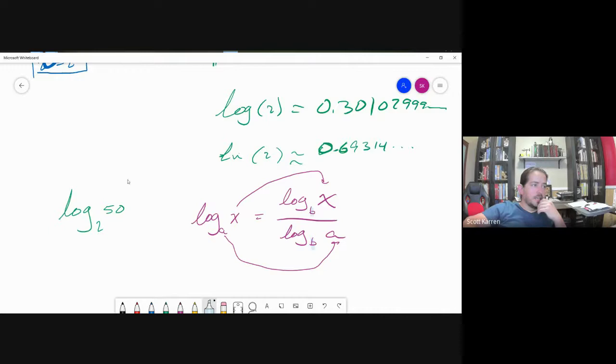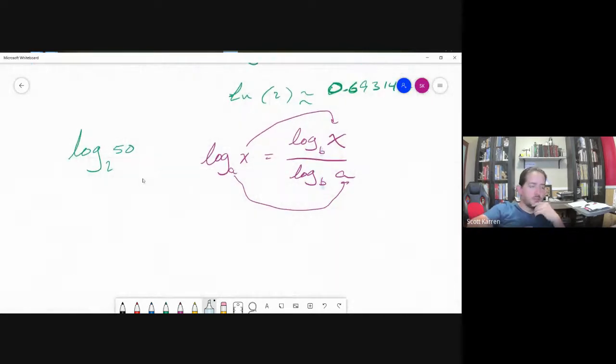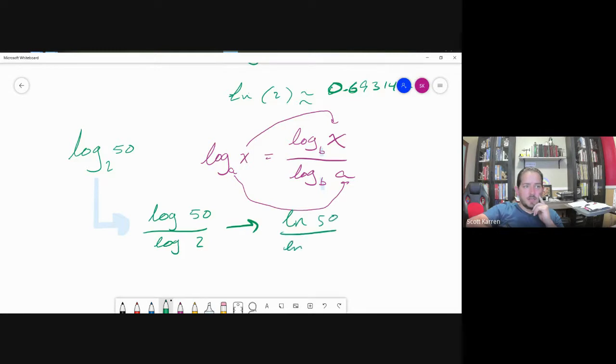So that is to say, if I have a calculator that can do the log base 10, I can turn this equation, that's not helpful, into the log of 50 divided by the log of 2, or I can change it into the natural log of 50 divided by the natural log of 2, as long as those bases are the same.